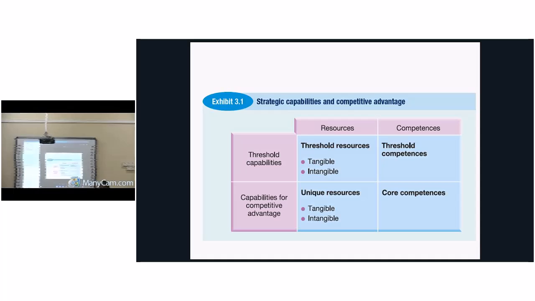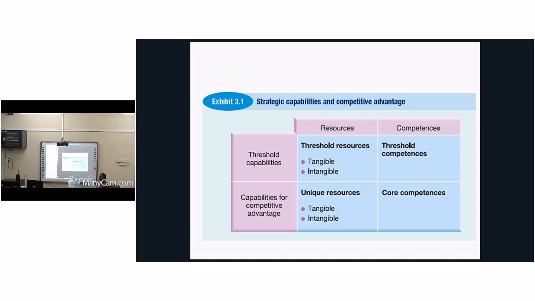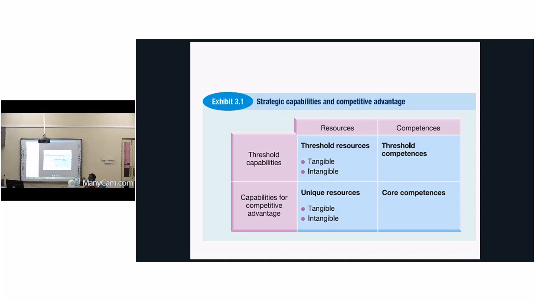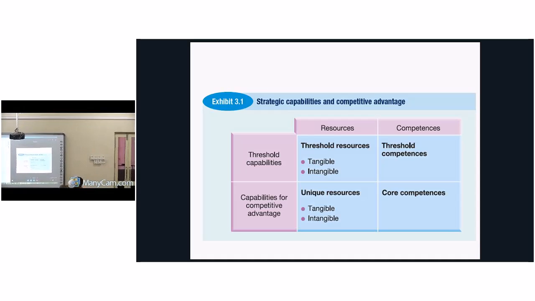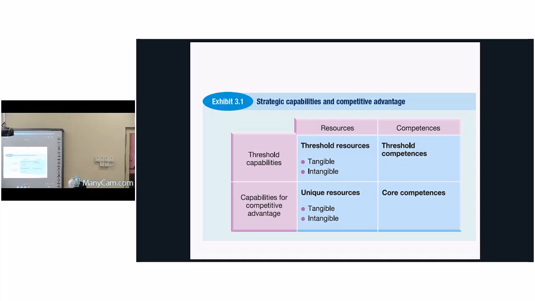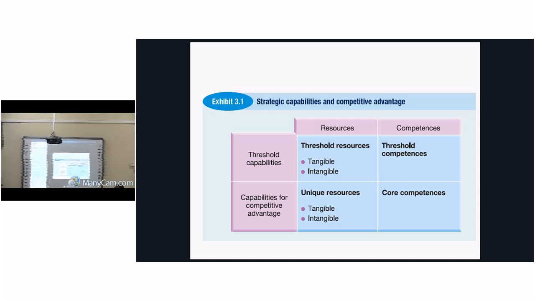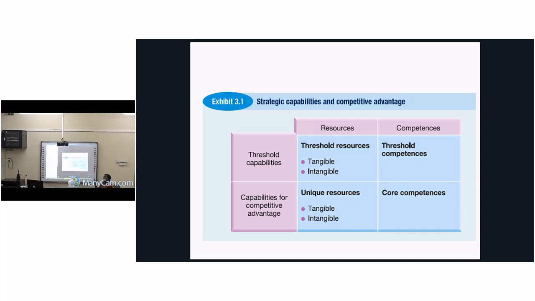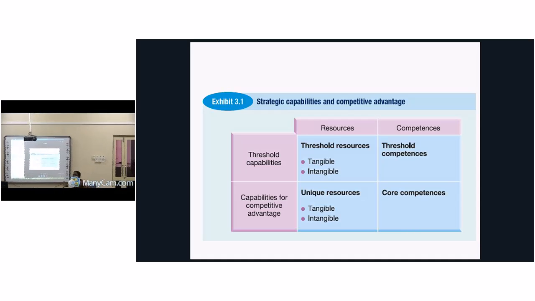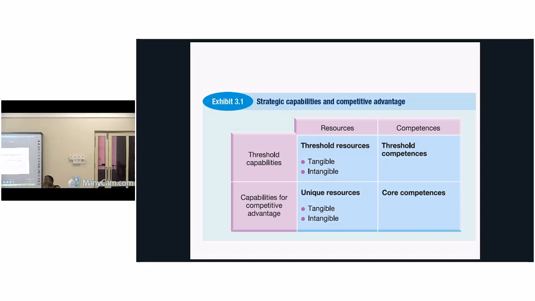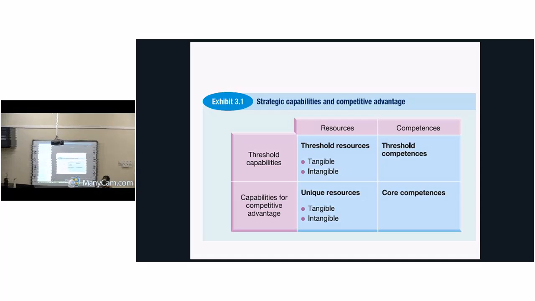You have threshold resources, required just to have your organizational functions. But you should have unique resources to achieve competitive advantages. Unique resources are able to achieve competitive advantages. Threshold resources have no ability of gaining competitive advantages.